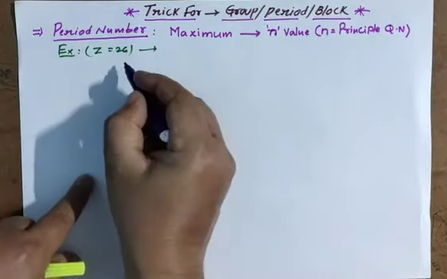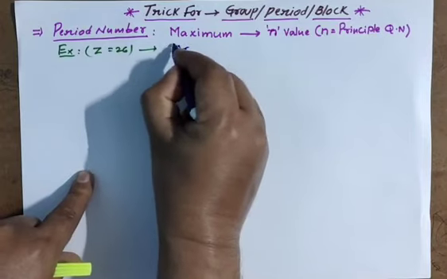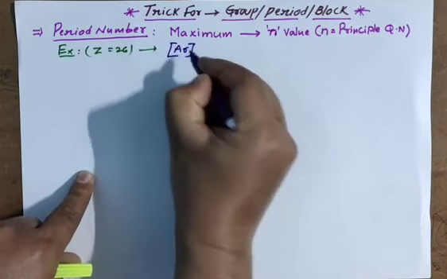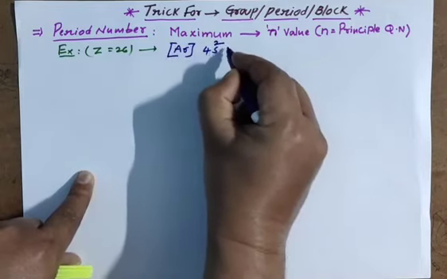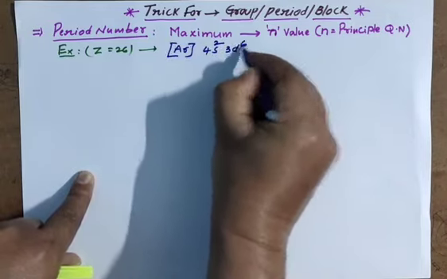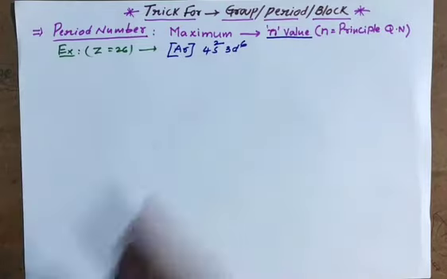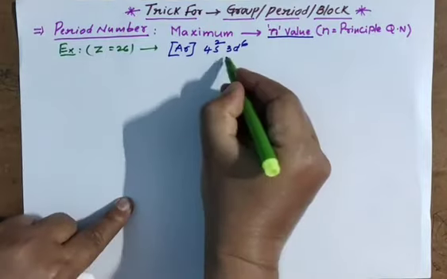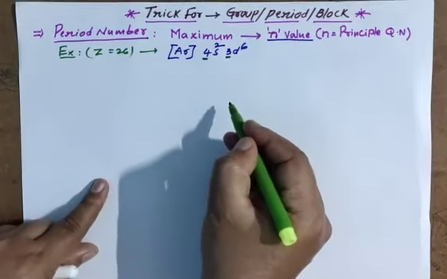See here, Z 26 means I am writing the electronic configuration: argon 18, 4s2, 3d6. What gives the period number? The n value. See here, 4s and 3d. This is the third shell, this is the fourth shell.